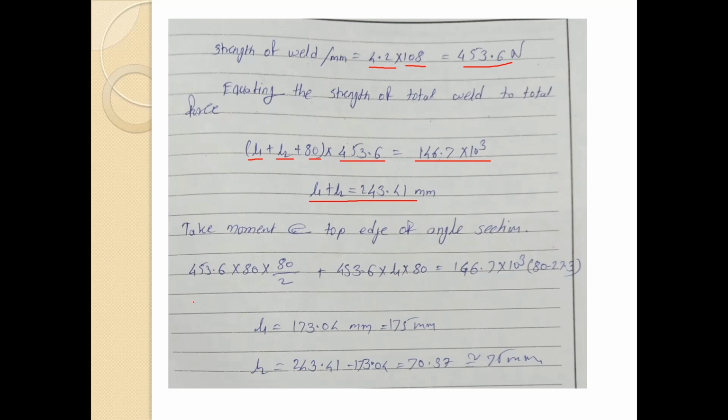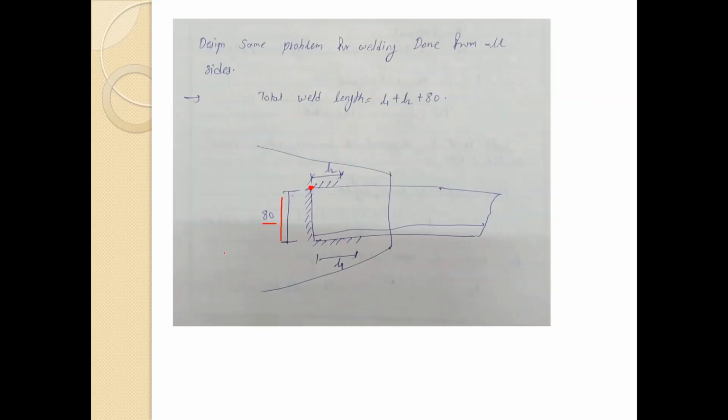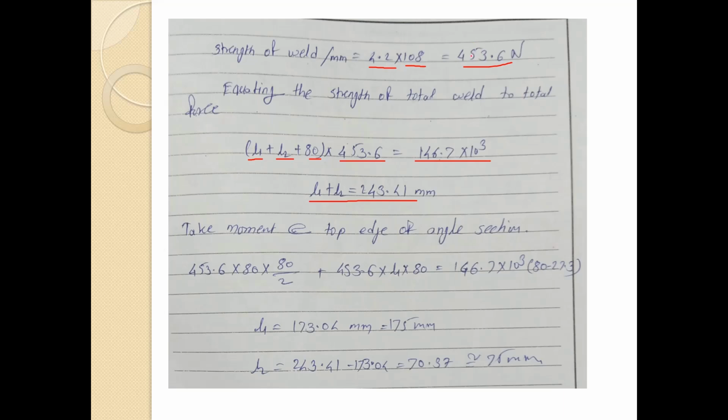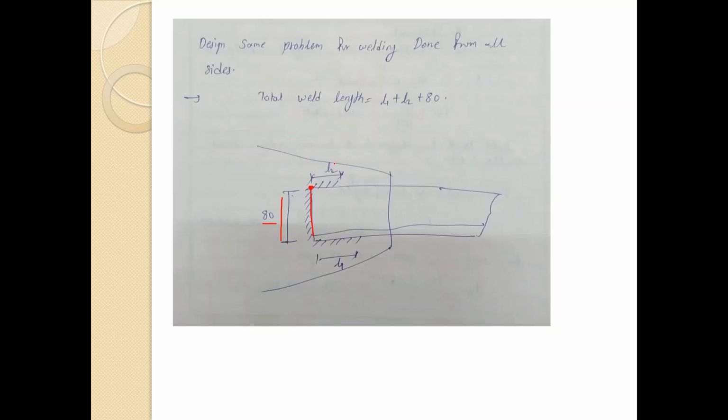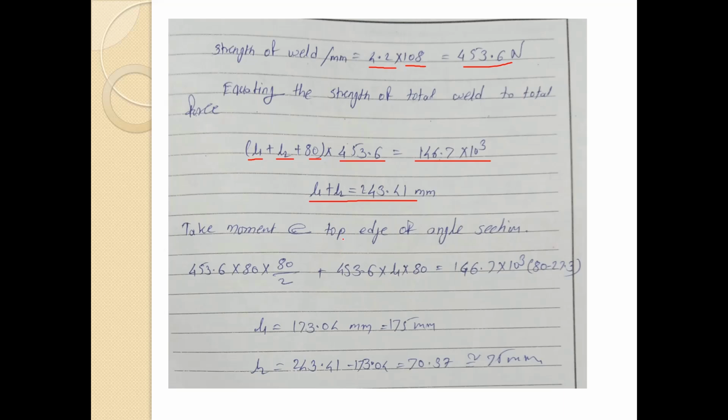So now 453.6 into 80, which is the force carried by this 80 mm side, into 80 by 2. This is 80 by 2 because this force is at the center over here, plus 453.6 into L1 into 80.